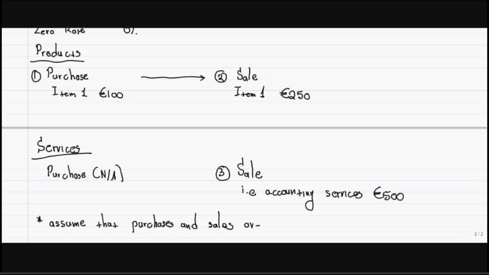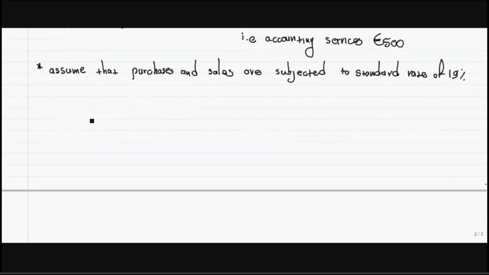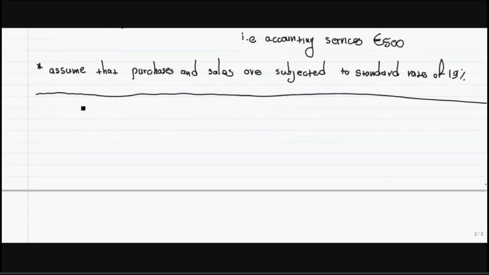So the first transaction we purchase, the second transaction we sell, and the third transaction we sell again. Now let's discuss the accounting journal entries for these three transactions.